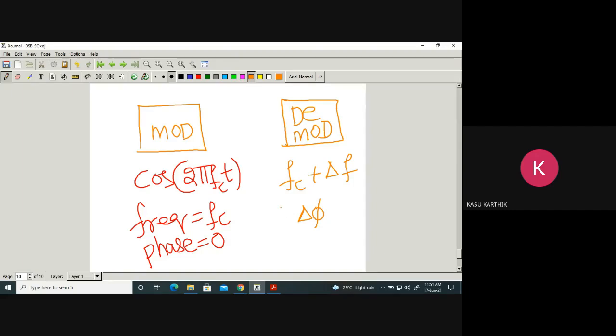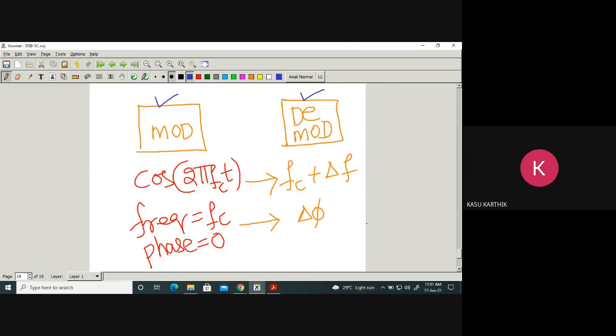This is called loss of synchronization: a loss of frequency synchronization and a loss of phase synchronization. Are you getting my point? If there is a mismatch in the frequency or phase of the carriers used in modulation and demodulation, then what happens?